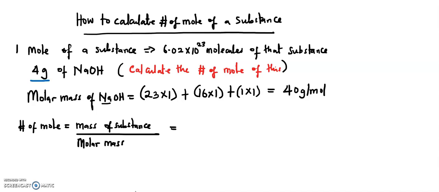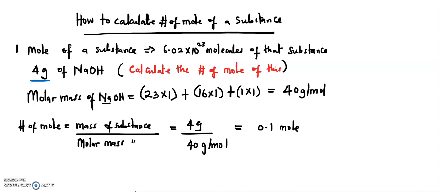So we're just going to put 4 grams divided by the molar mass of sodium hydroxide that we calculated here, which is 40 grams per mole. Okay, so what would this give us? This is 1 over 10 and this is 0.1 mole.